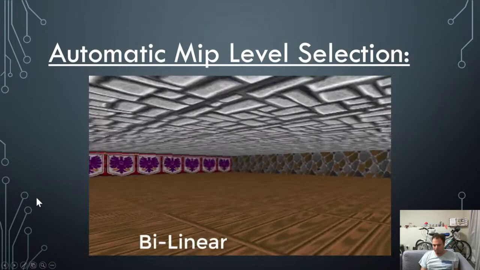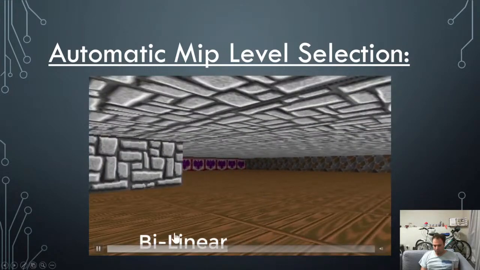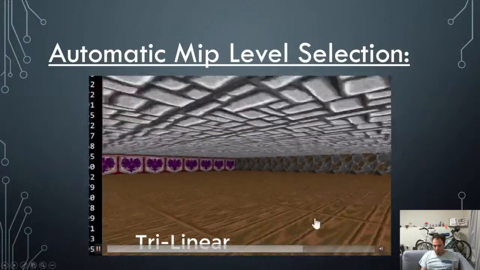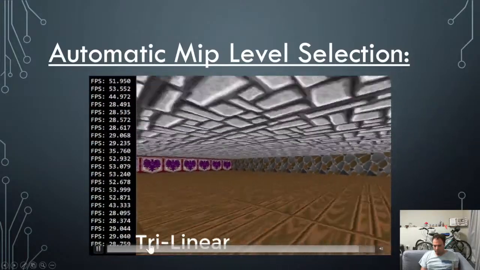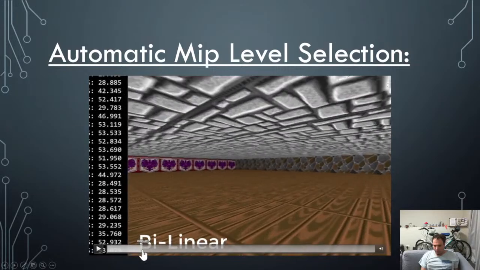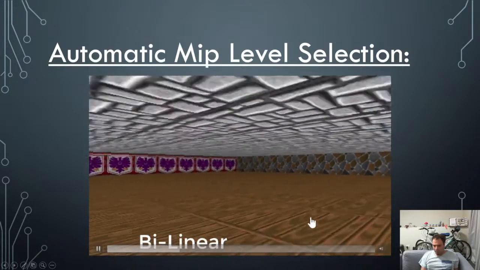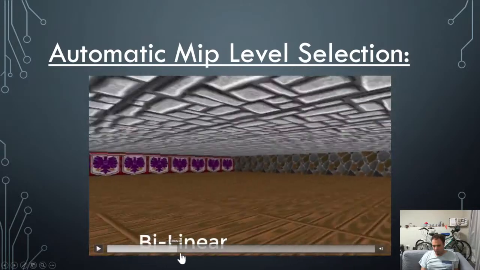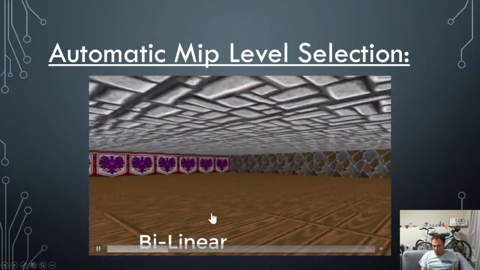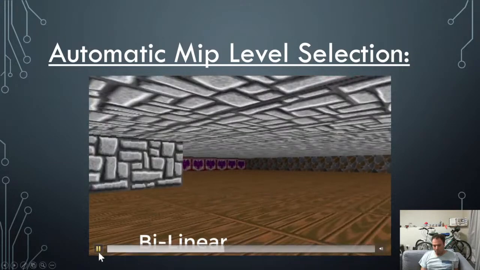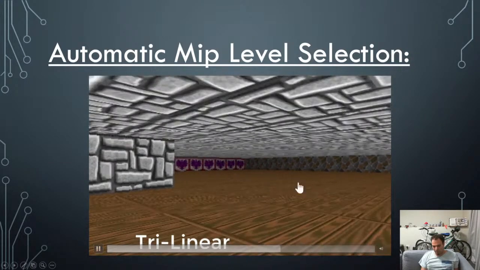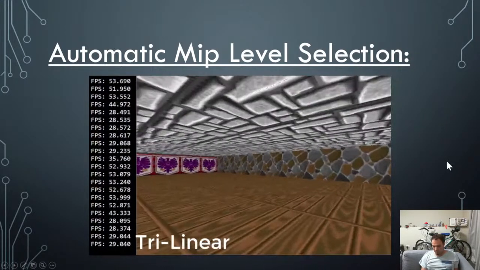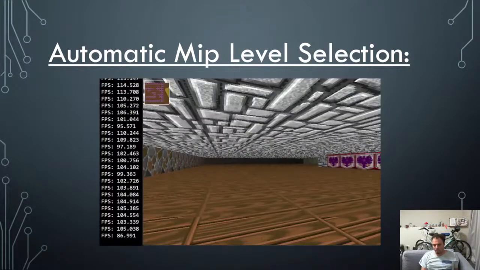another example. Okay, so in bilinear, I don't know if you can see it with the video compression and the streaming and all that, but there are slides which show it more succinctly. There are lines, seams, where the MIP levels change, basically where it starts sampling from lower fidelity images.